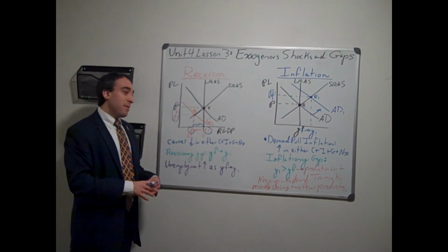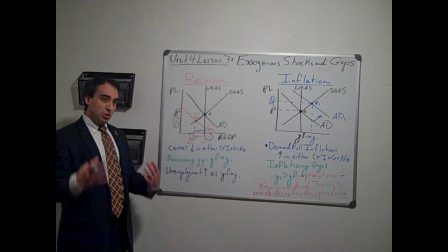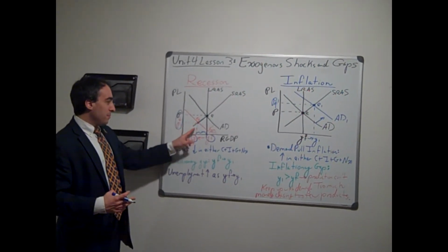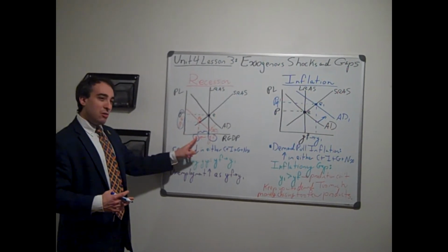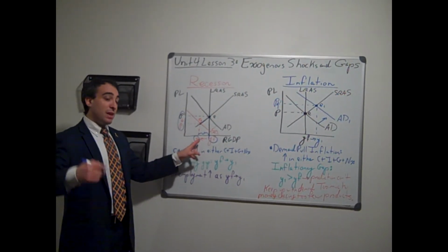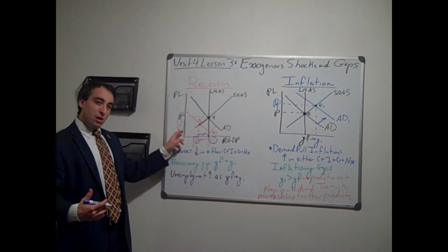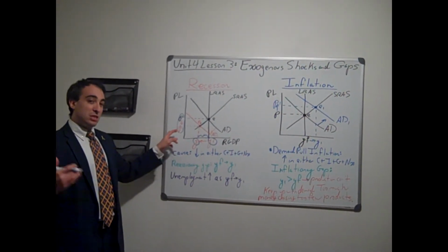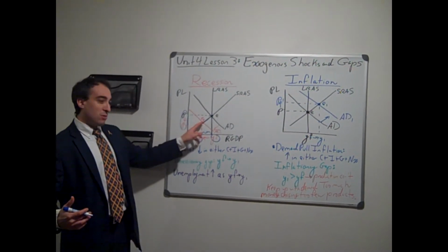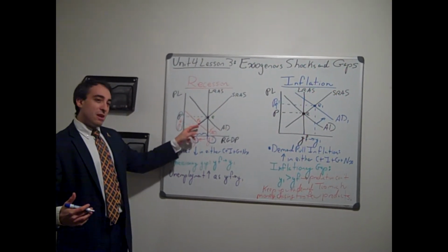So now you have a recessionary situation. You have GDP is low, and that situation is not going to get better on its own quickly because prices are low. So there is no incentive for businesses to produce more. So this creates the recessionary gap.